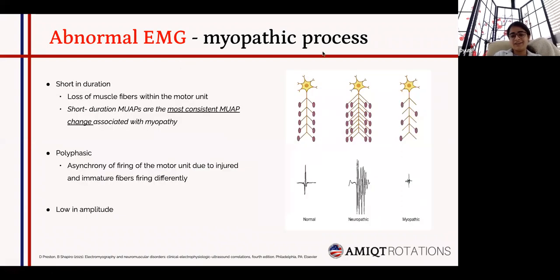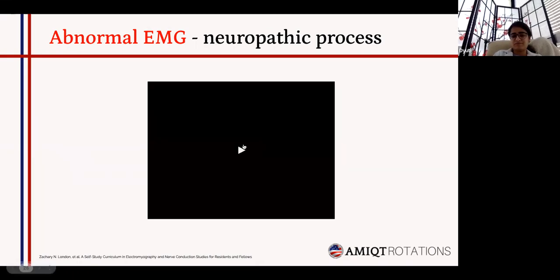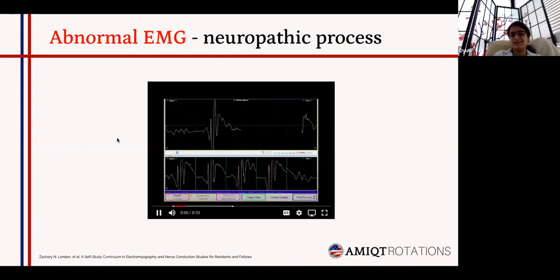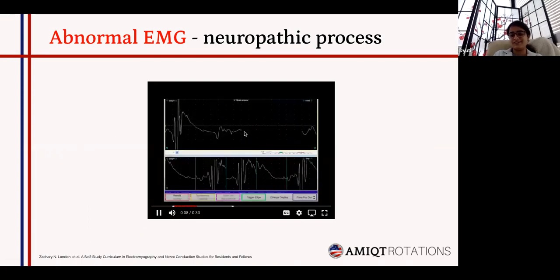In a myopathic process, since there is loss of muscle fibers within the motor unit, the duration would be decreased. And the response can also be polyphasic with a low amplitude. Okay, to summarize, this is how a neuropathic motor unit action potential looks like.